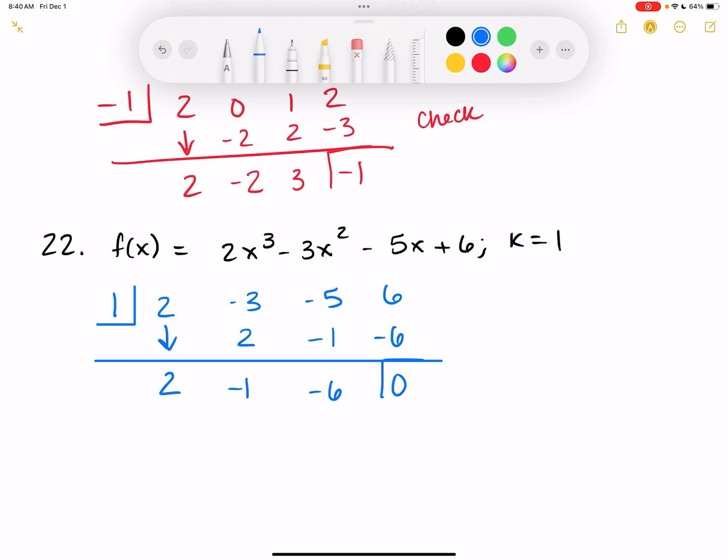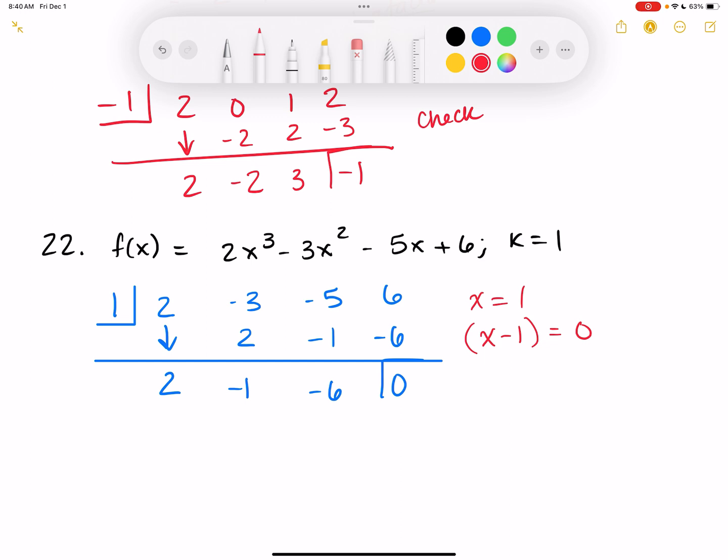So basically, that just verified that it is a 0. Or a factor, however you want to do it. So our factor, though, we have to set this, so we basically have x is equal to 1. That means our factor is x minus 1, okay, because that would be equal to 0, which is where we get our factor from. So that's the part that we're going to take with us.